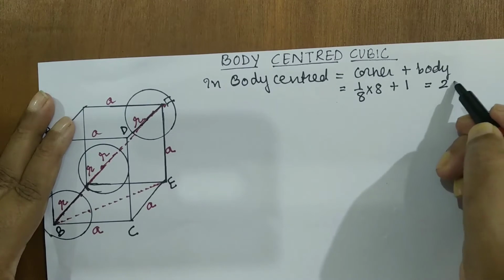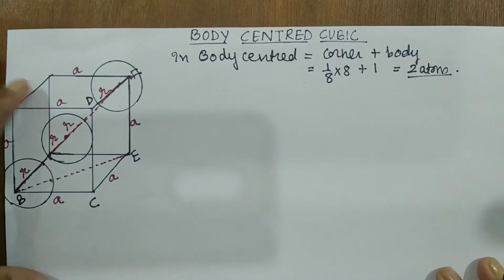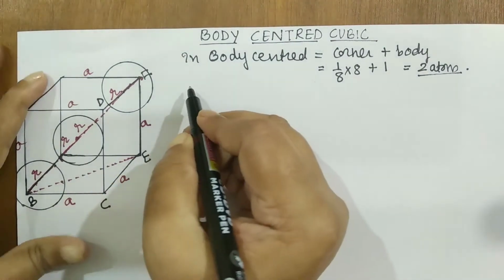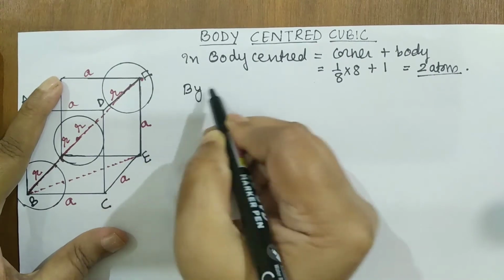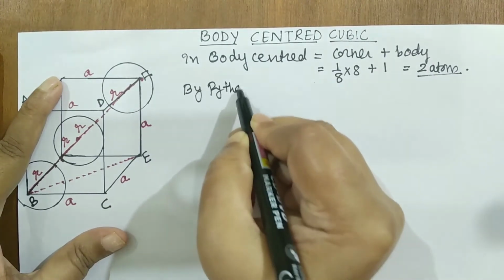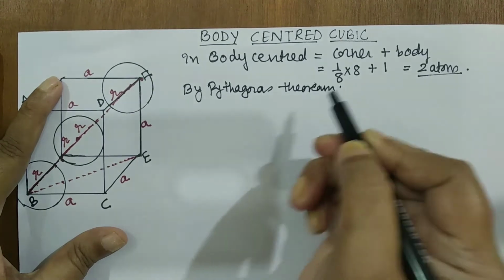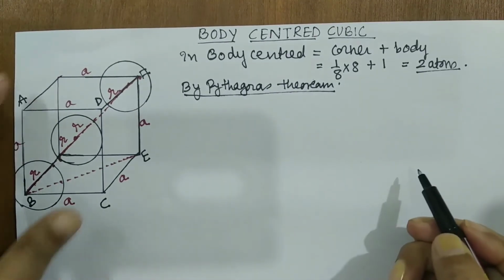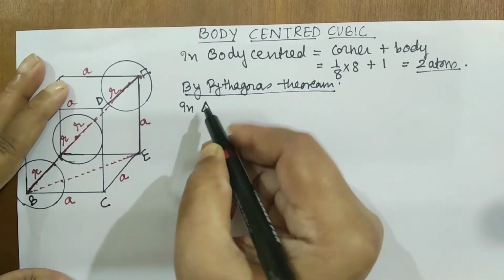Therefore the total number of atoms involved is 2. So let us start the derivation now. By the Pythagoras theorem, how can I apply it? Let us go to triangle BEF.